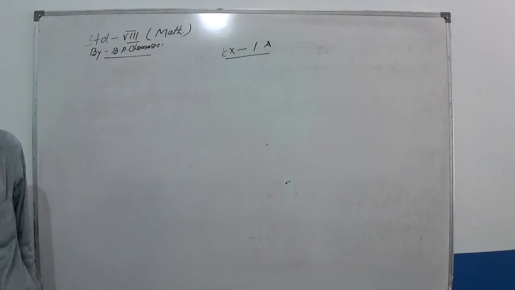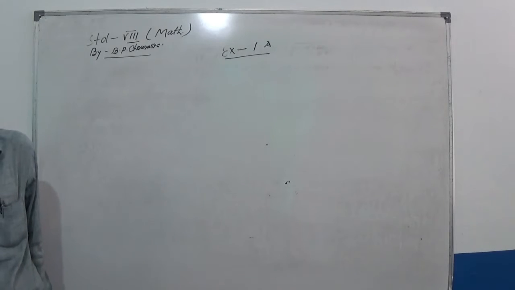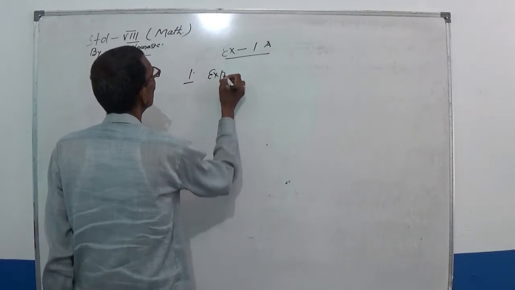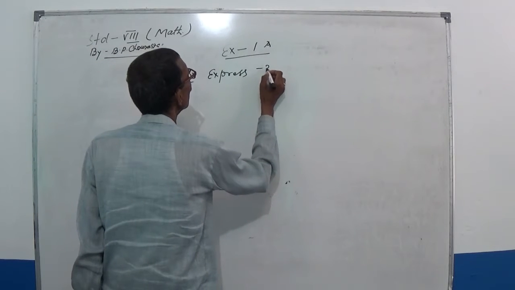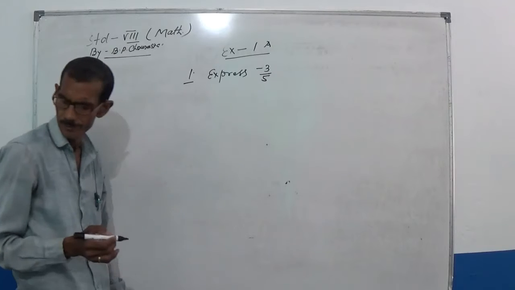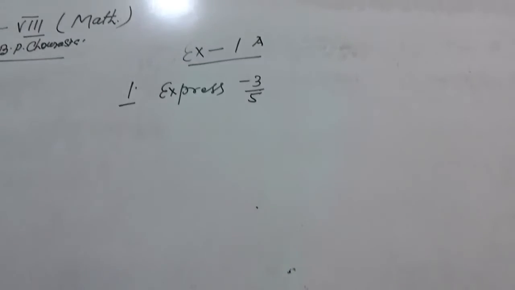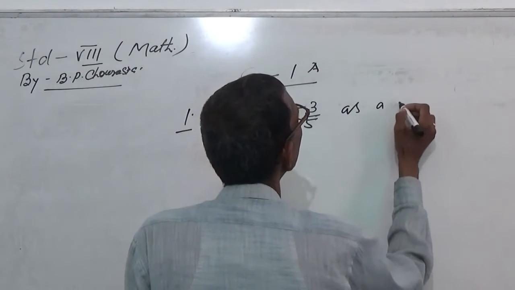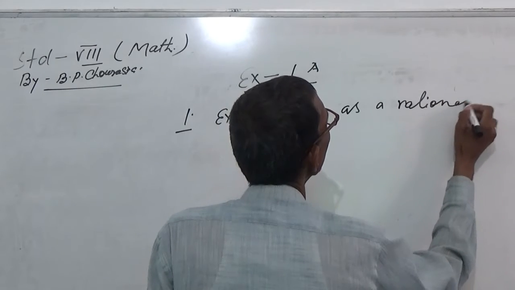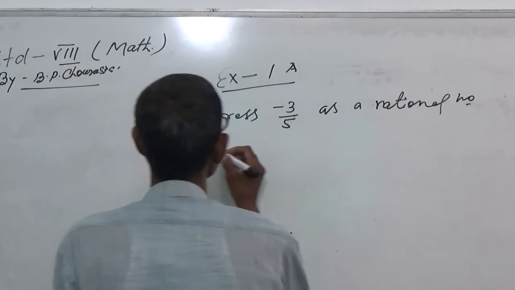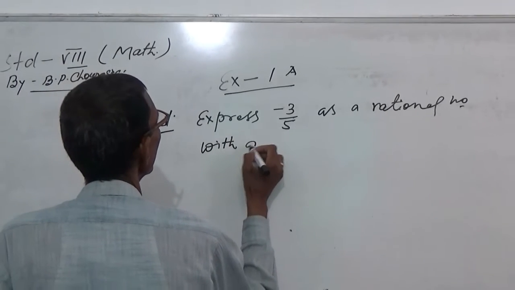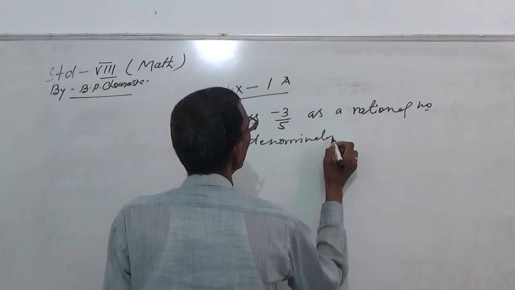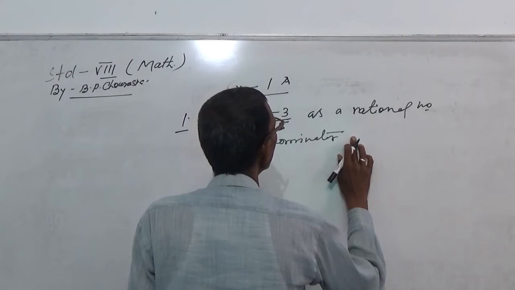Express minus 3 by 5 as a rational number with denominator 20.